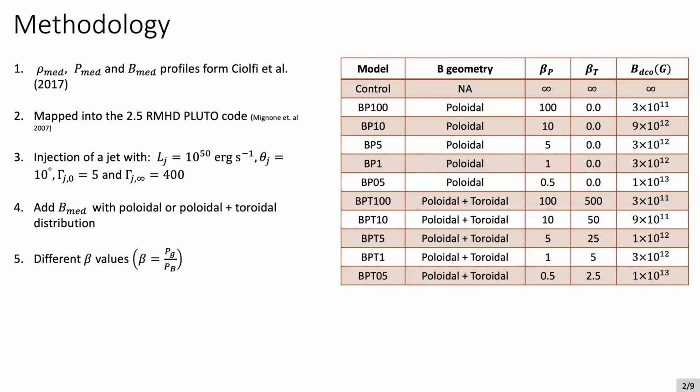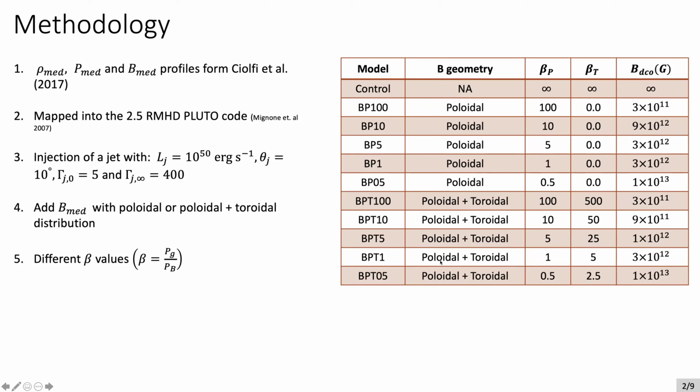Once we have the profiles for density and pressure, we can add the magnetic field to the medium, and then we can try different values of beta. As you remember, beta is the ratio between the gas pressure and the magnetic pressure. With that, we can see the effects of the magnetic field, whether weak or stronger.